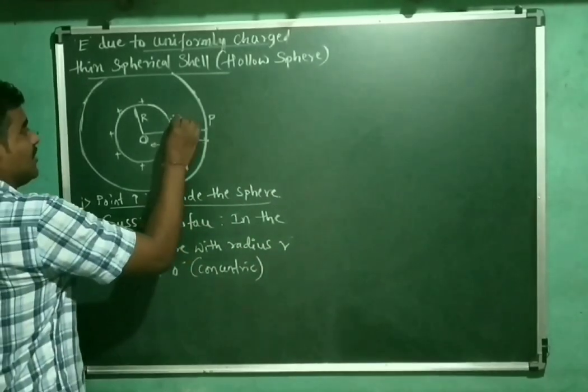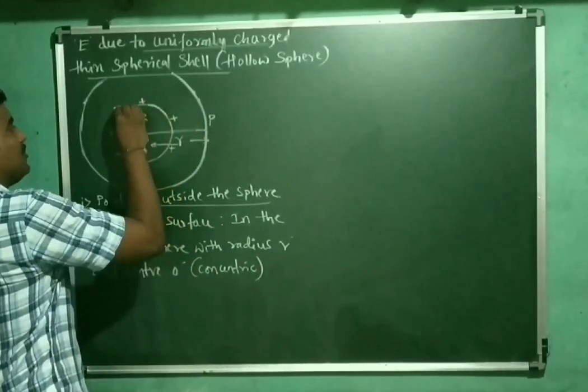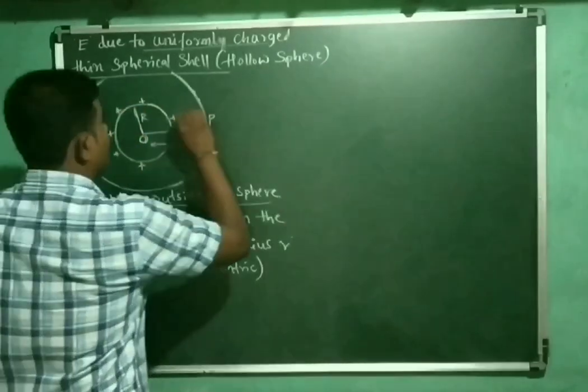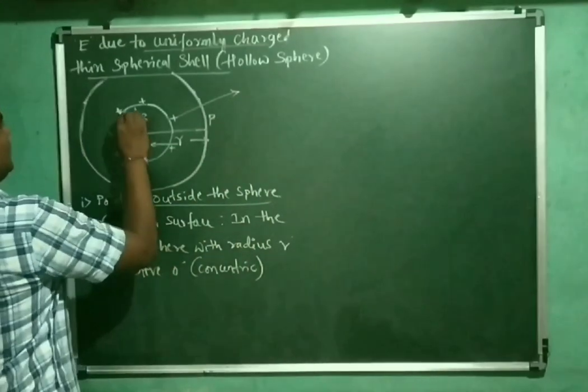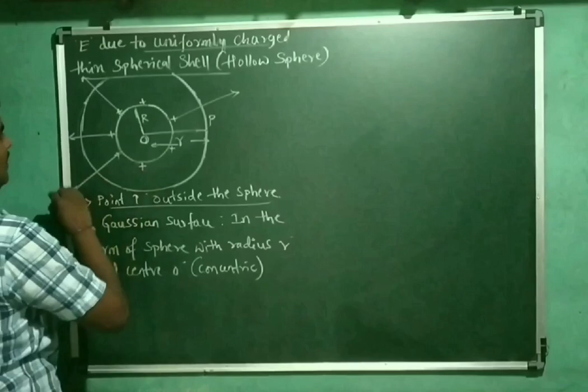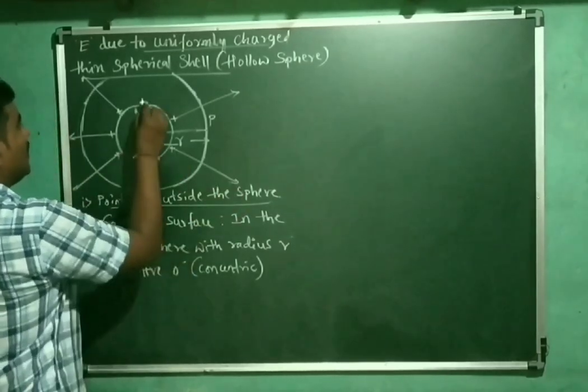As the charges on the conducting shell are positive, the direction of the electric field will be outward like this. So these are the electric field lines.